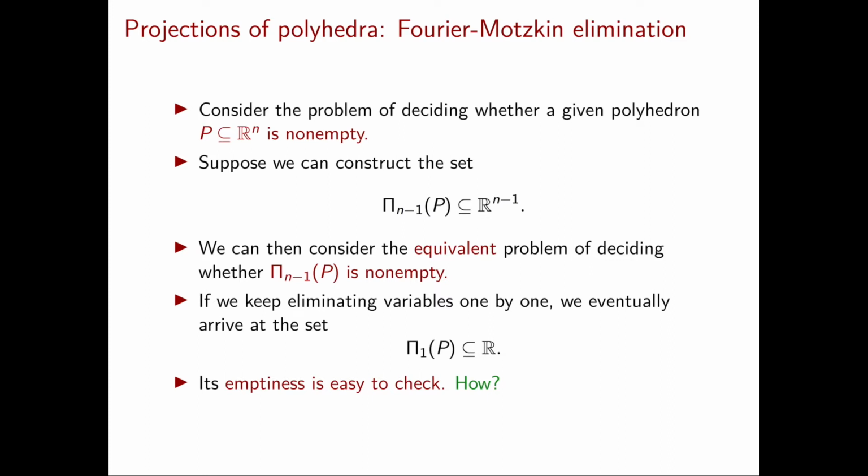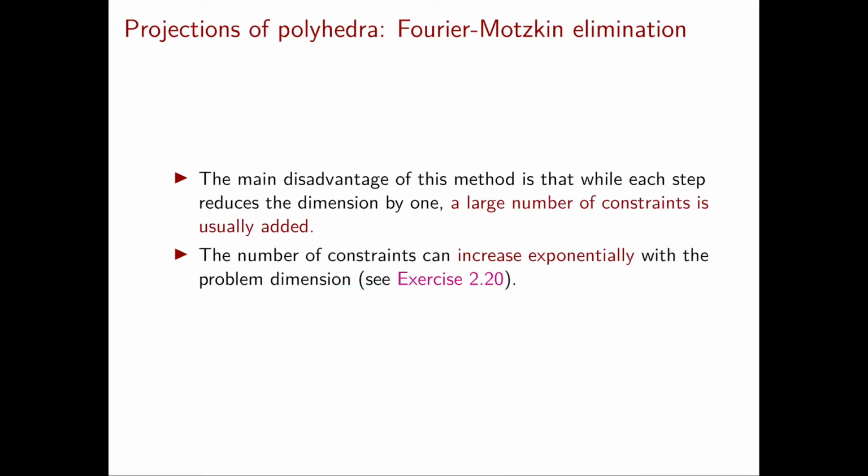Now it is simple to check that this one-dimensional set is non-empty if and only if the largest lower bound that we have is smaller or equal to the smallest upper bound that we have. This method seems to be very useful because it allows us to check non-emptiness of a polyhedron by checking non-emptiness of a one-dimensional set, which is trivial.